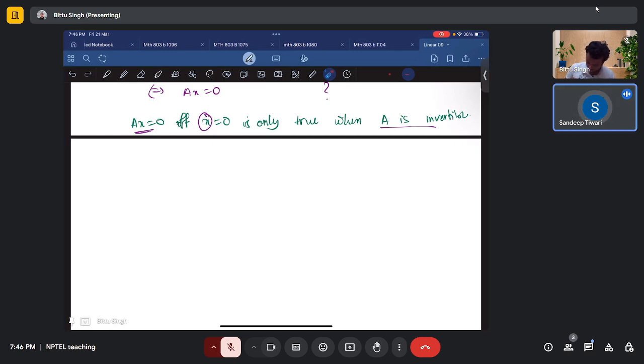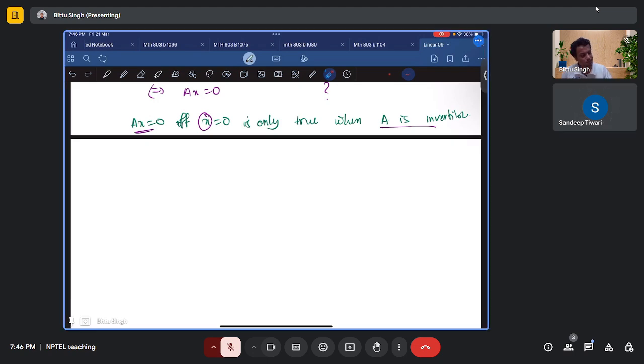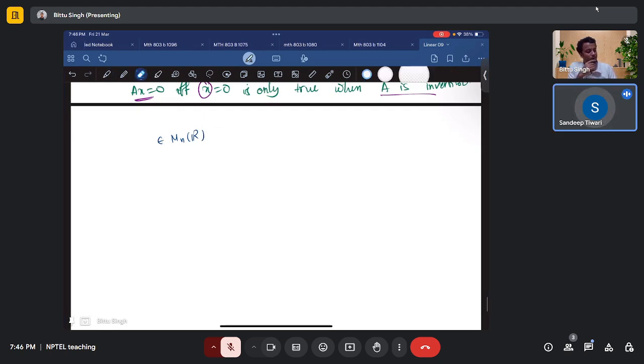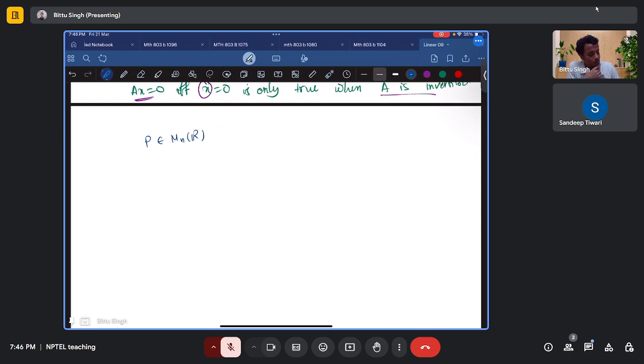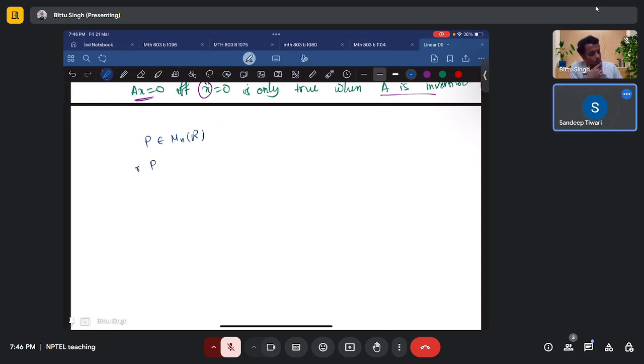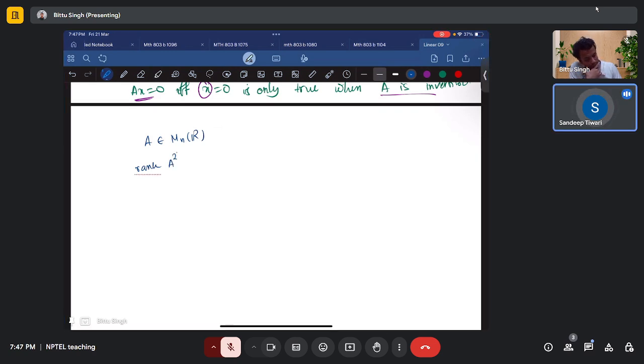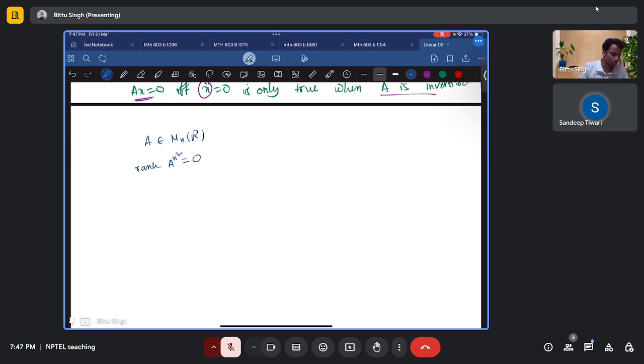Sir, if A belongs to M_n(R), such that rank of A to the power n square is 0. Rank of A to the power n square is 0 means A to the power n square equal to 0, since rank of something is 0 means it is 0.